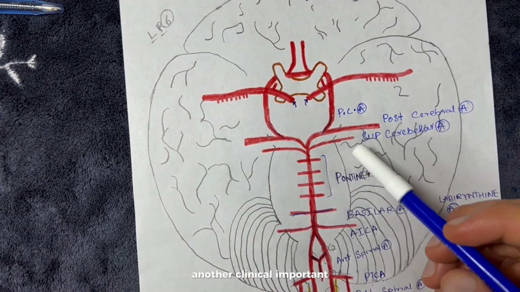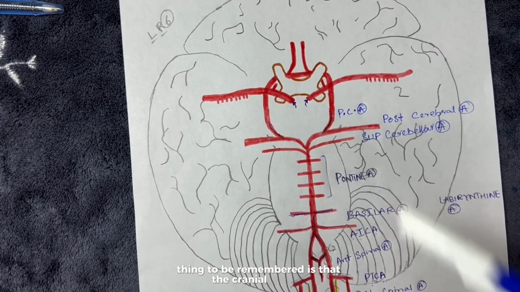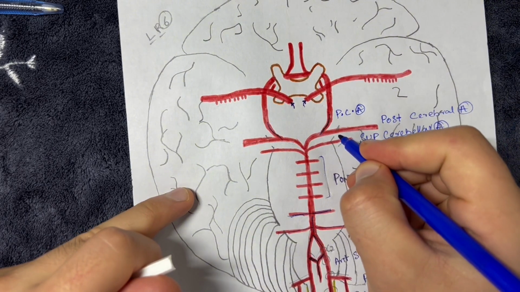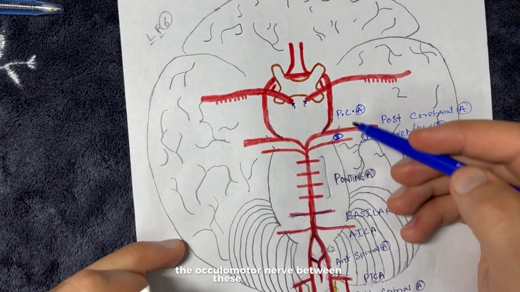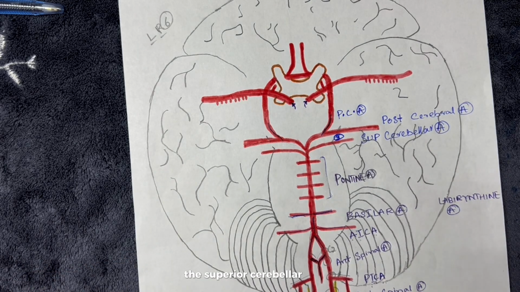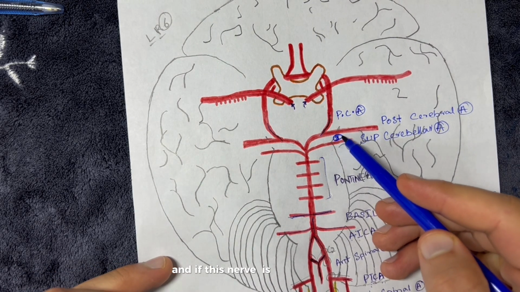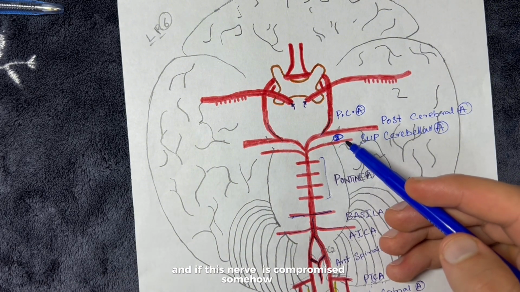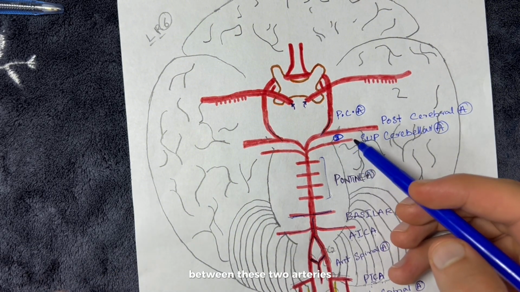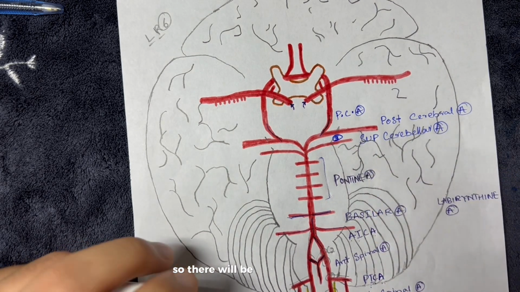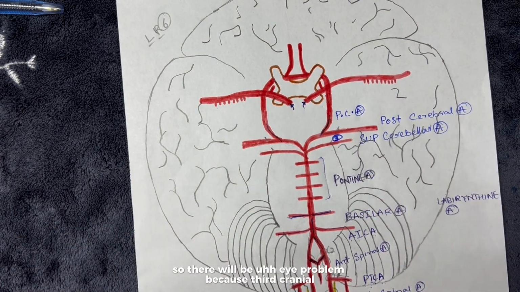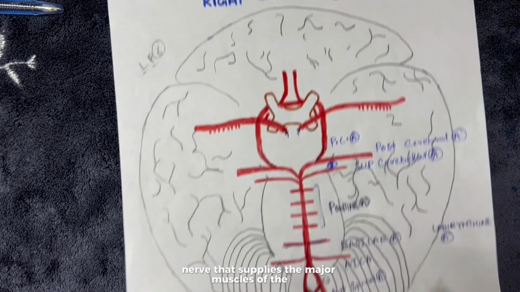Another clinically important thing to remember is that cranial nerve 3, the oculomotor nerve, will arise here between these two arteries, the superior cerebellar artery and the posterior cerebral artery. And if this nerve is compromised somehow here between these two arteries by an aneurysm or whatever, there will be eye problems, because the third cranial nerve supplies the major muscles of the eye.